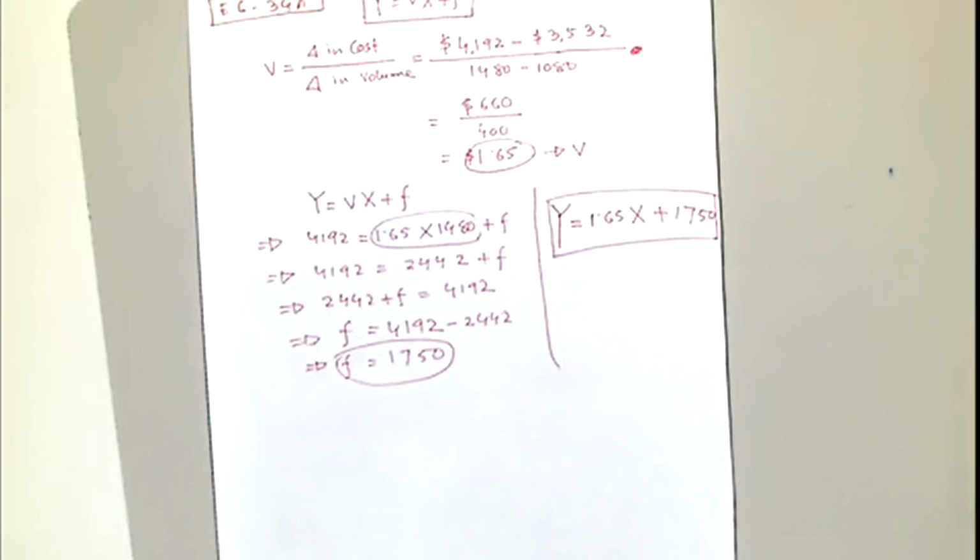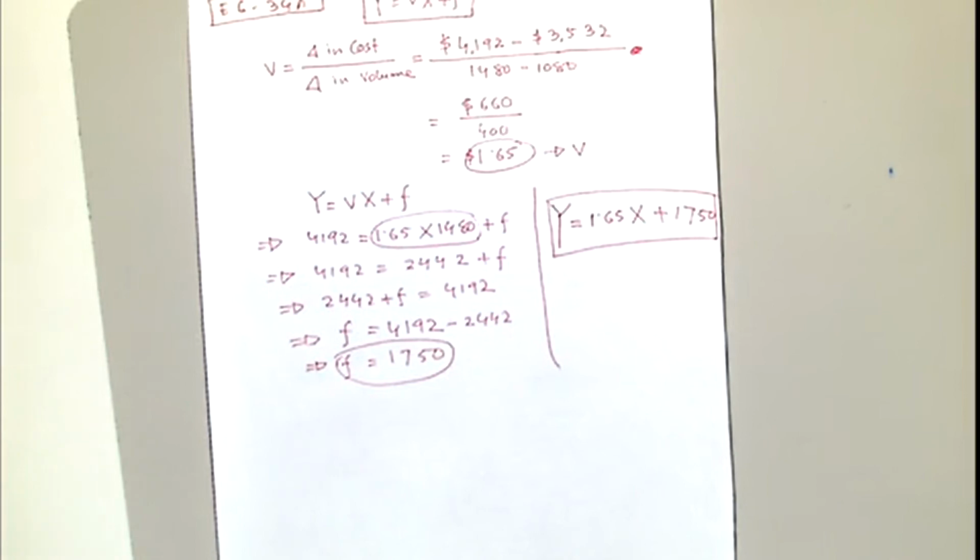That means whatever is the X, the machine hours, you can plug in and you can figure out Y. So first step, find V, which is your variable cost per unit. Then solve F, which is your fixed cost. Then write down your cost equation. And then you can figure out for any number.